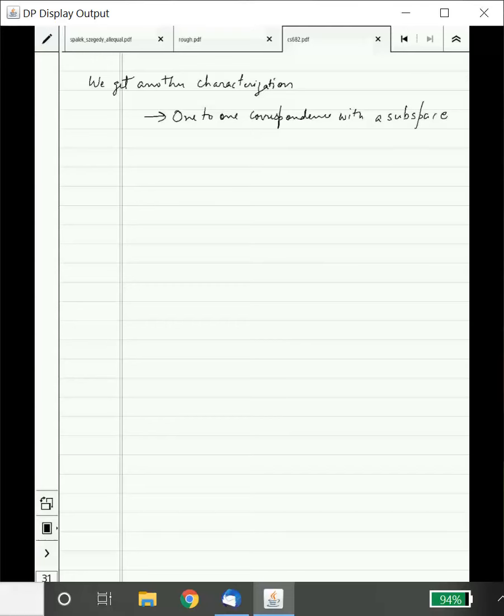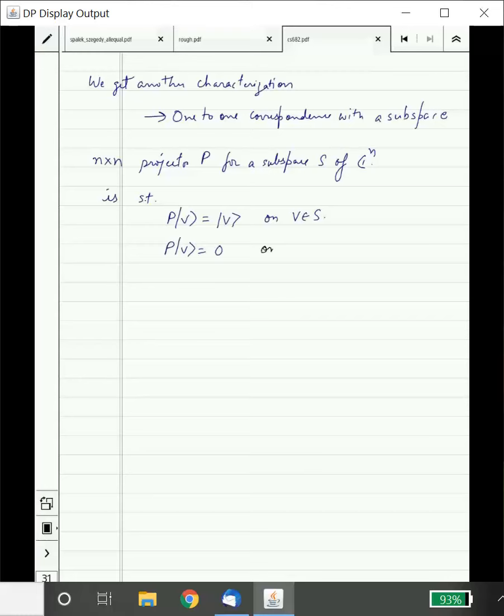So an n by n projector P for a subspace S of C to the n is a matrix such that PV is equal to V. It acts as identity on any vector V in S, and it acts as 0 on anything which is orthogonal to it.